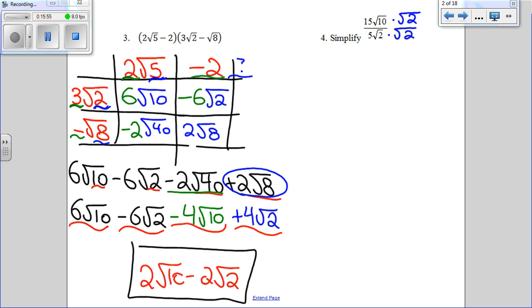What that does is it gives you 15 root 20 on the top, divided by 5 root 4 on the bottom. The reason why rationalizing works is it'll always end up giving you a perfect square on the bottom that could be square root. The square root of 4 is 2.